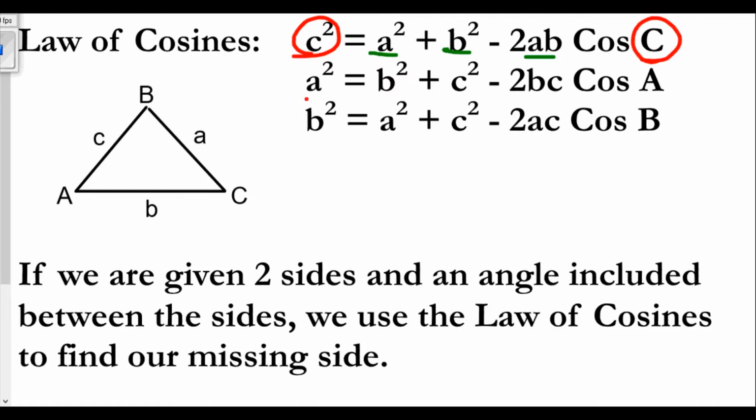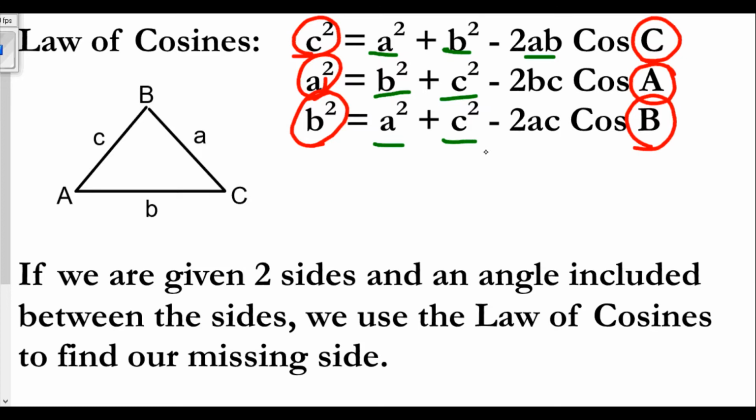If I'm trying to find the measure of the side opposite angle A, it's a squared by itself and cosine of A, and the other two sides, b and c, both being squared. And finally, if we're looking for the side opposite B, we're squaring that, but then using the cosine of angle B. And here, we're squaring a and c.